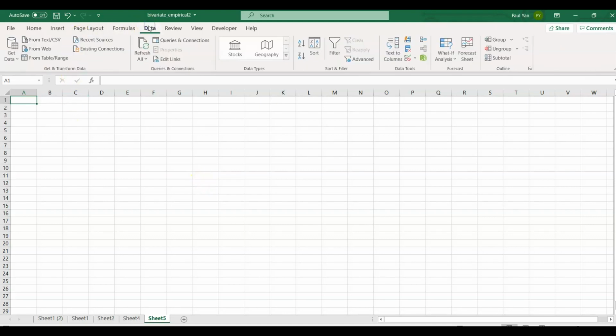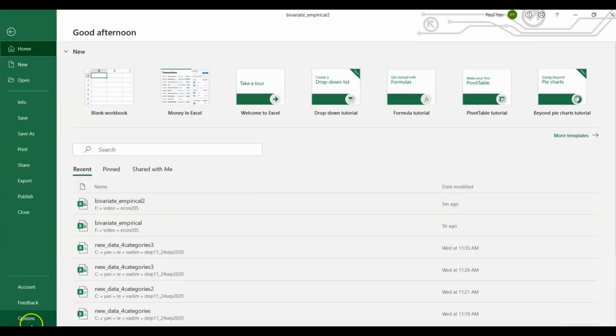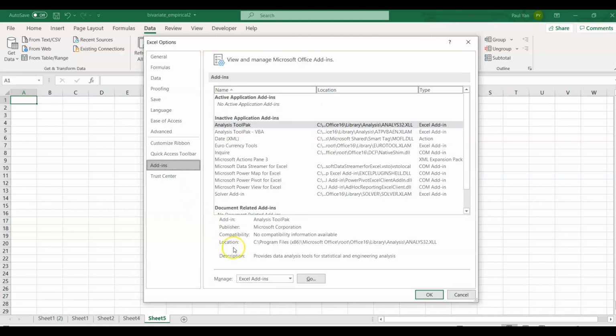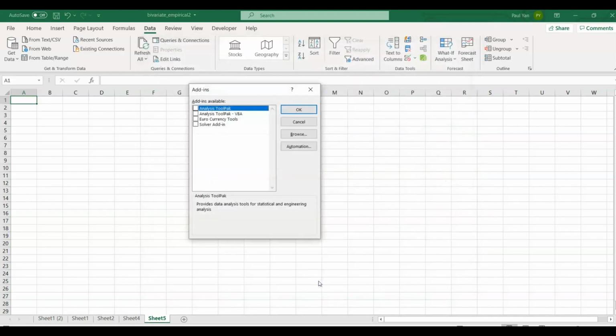Okay. And another concept is called seeds. So I need to use a function called data analysis. It's not available. So click File, Add-ins, and click Go. Then check Analysis. Okay, we have to check this one to make it available.